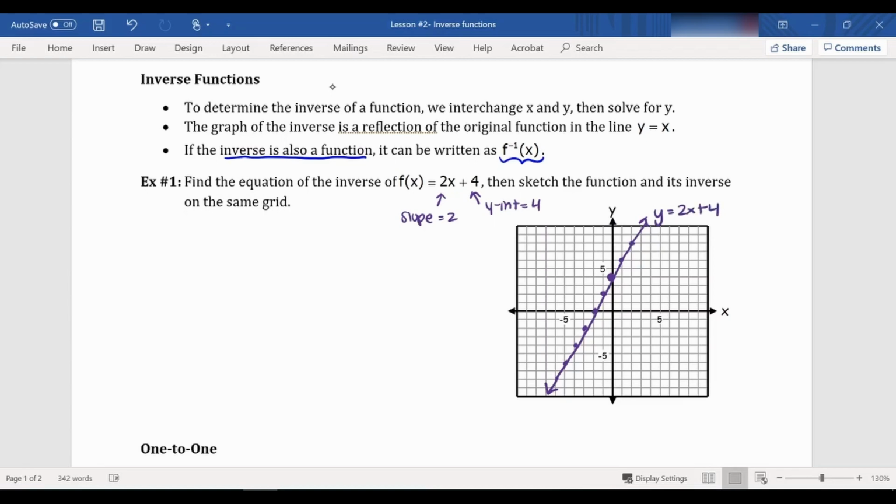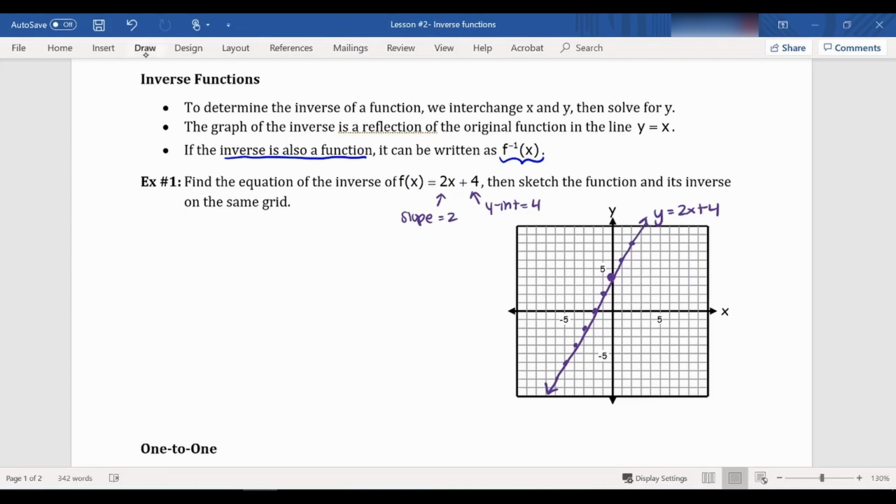So again, if we look at this, anywhere we draw a vertical line, that vertical line would cross our graph only once, which makes this a function. And also it's written in function notation, which we wouldn't be able to do if it was not a function. If I want to sketch the inverse on the same grid, I would take all the coordinates of the points I have and switch them.